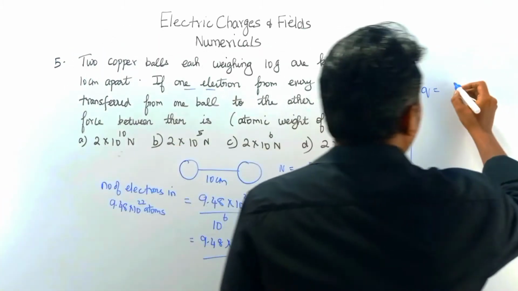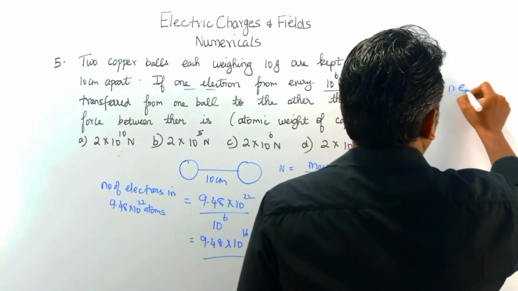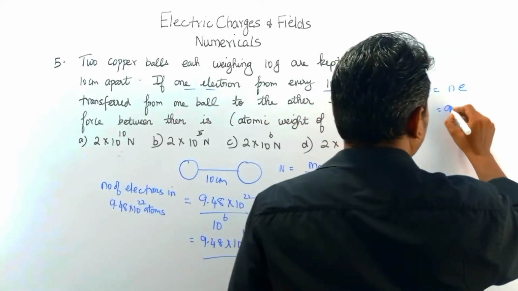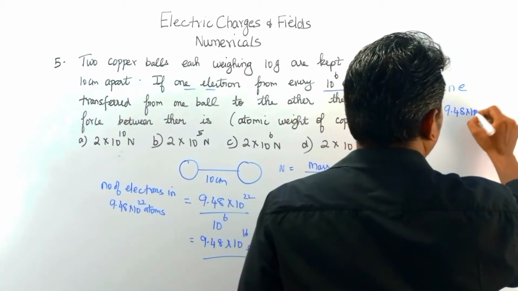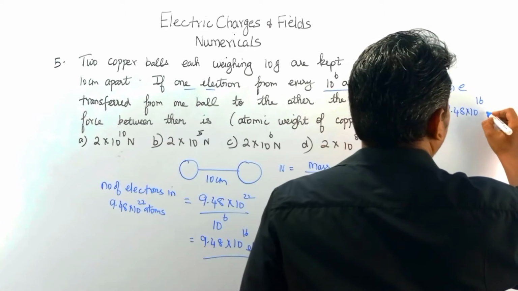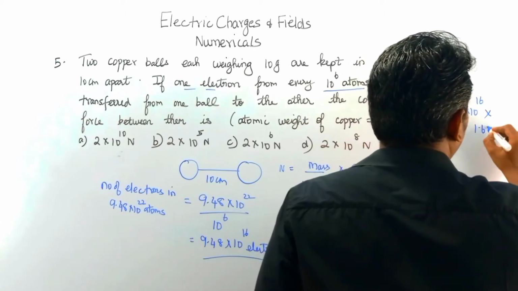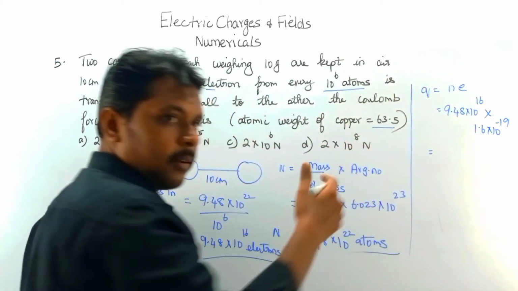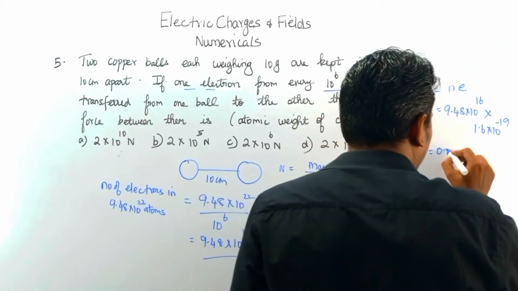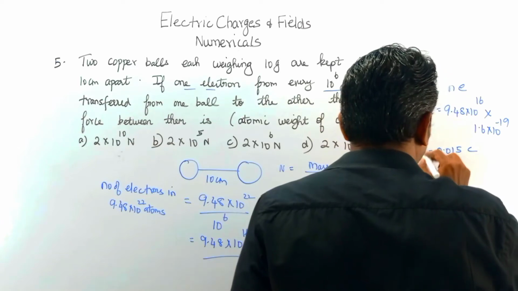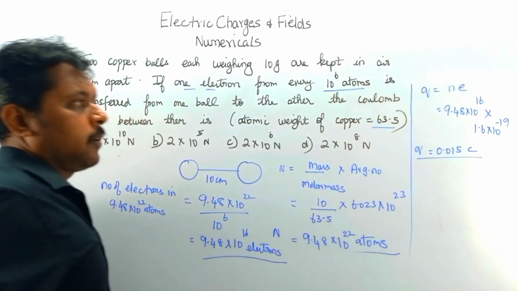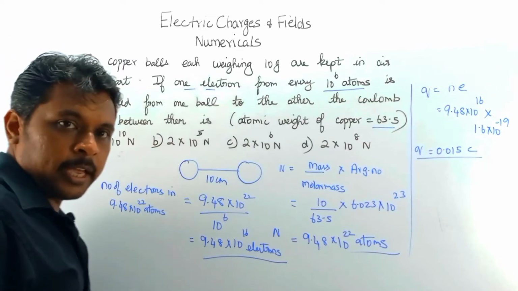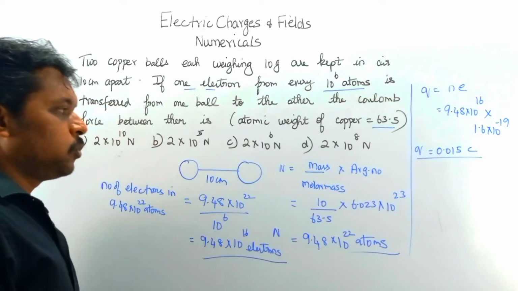The number we have found is 9.48 into 10 power 16, and E is 1.6 into 10 power minus 19. When you do this calculation, you will get approximately 0.015 Coulomb. Okay, so we have found the charge between these two.